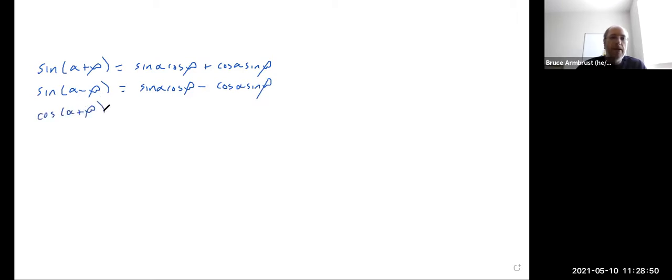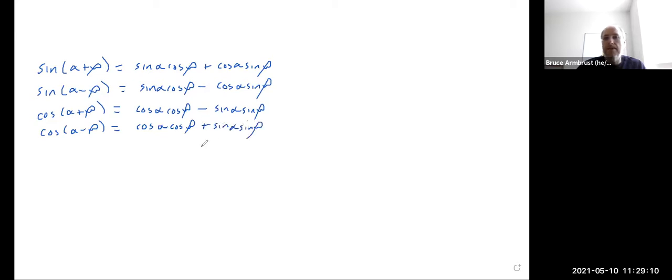For cosine, we had cosine alpha cosine beta minus sine alpha sine beta. And then the other one, when it was subtracted, looked the same except for there was a plus. Okay, and then we also had the one for tangent. I'm going to go ahead and combine those, show you that little trick I pulled before.